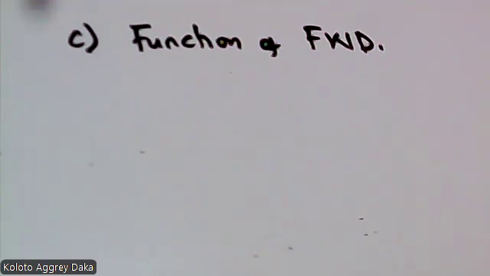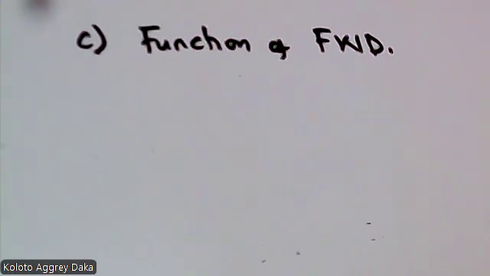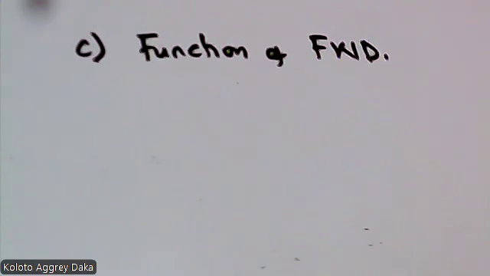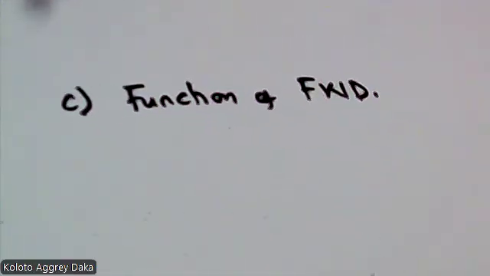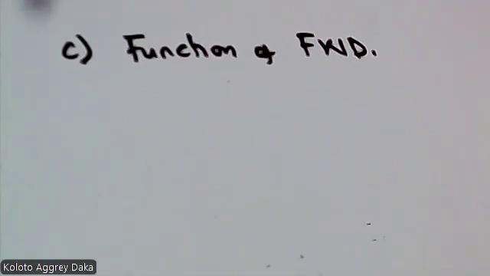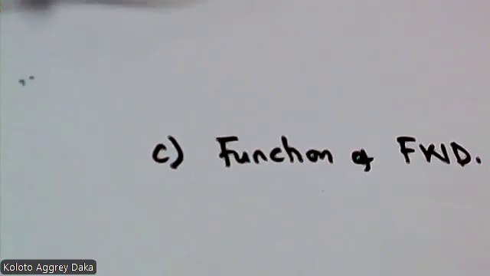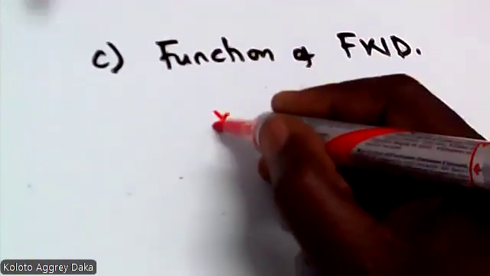Okay. So, in order to answer such a question, when they say explain, you need to talk about three things. In order for you to get full marks, you need to talk about the three things. What are the three things?